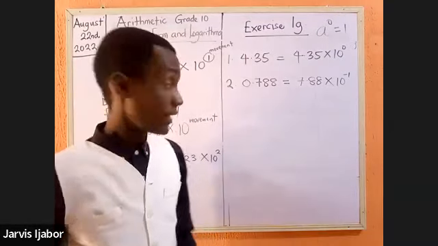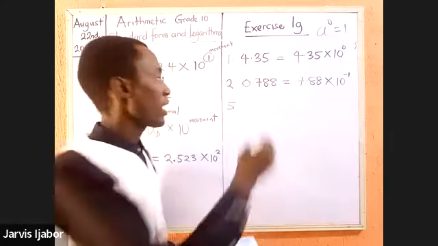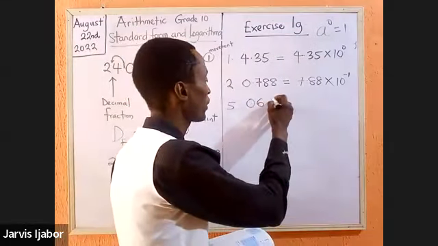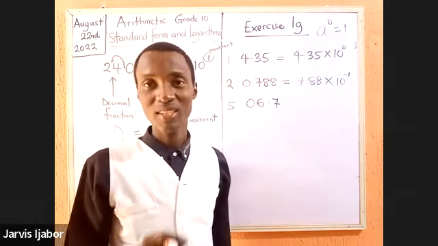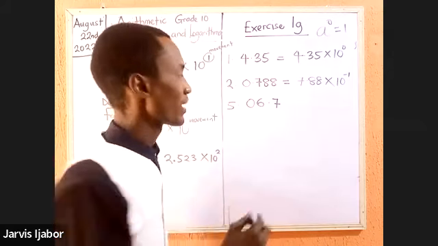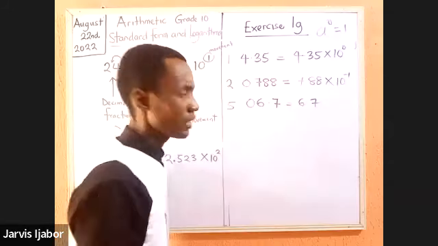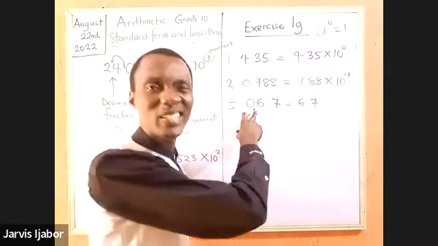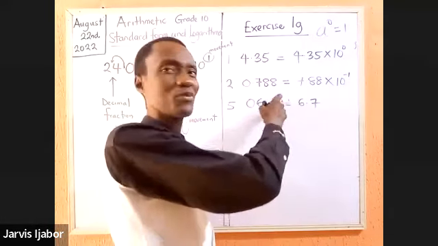All right. The next crucial one is question 5. 06.7. This one appears tricky, but your knowledge of the place value system will help you out here. Recall that this is the same thing as 6.7. This 0 means that there are no digits, 6 units, and 7 tenths.